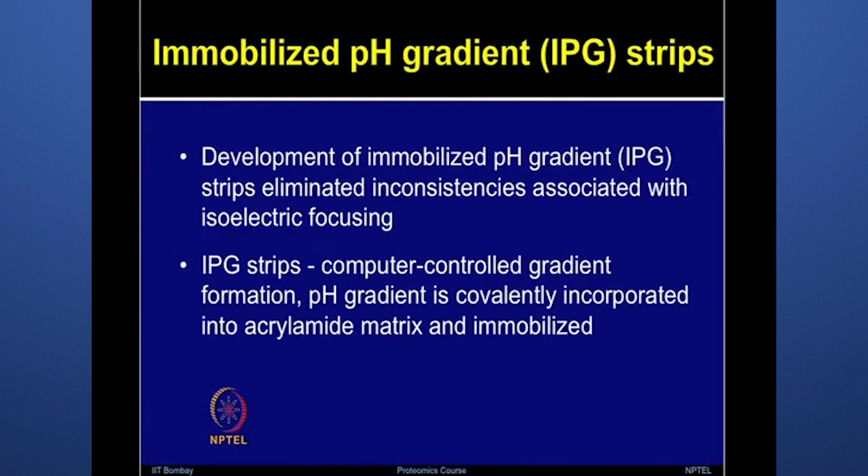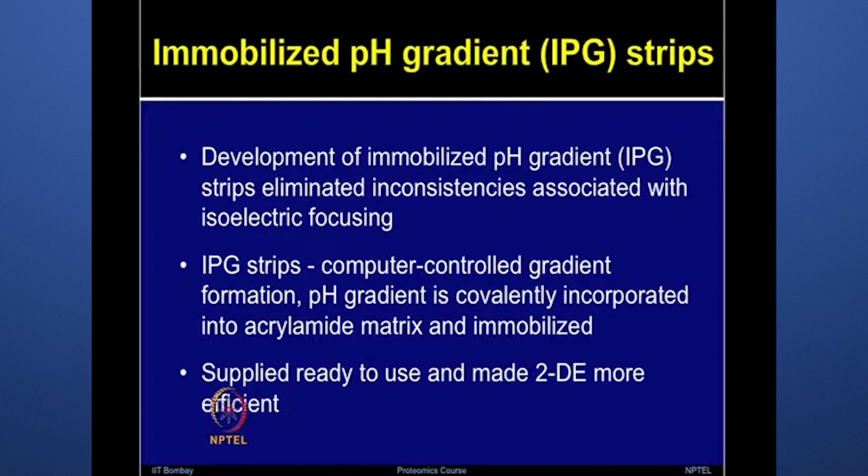The IPG strips are computer controlled gradient formation, and the pH gradient is covalently incorporated into the acrylamide matrix and immobilized there. So, reproducibility from one IPG strip to another is very high.